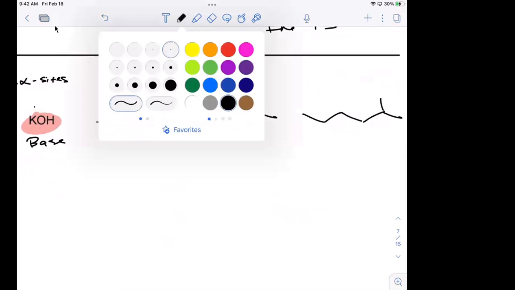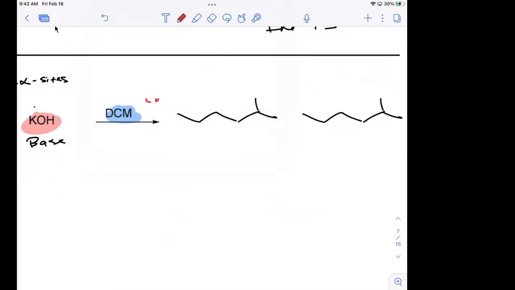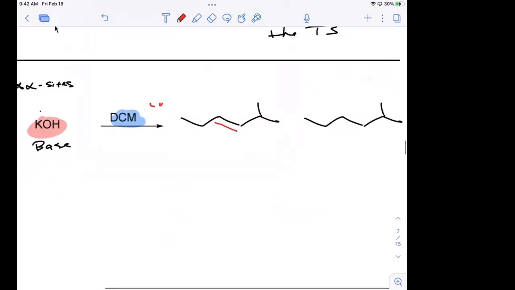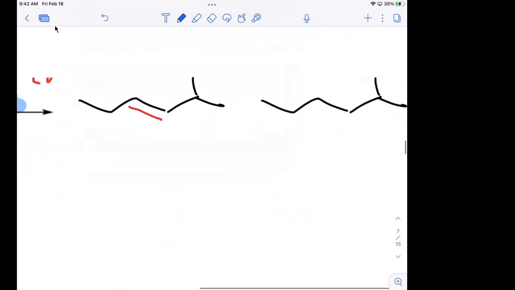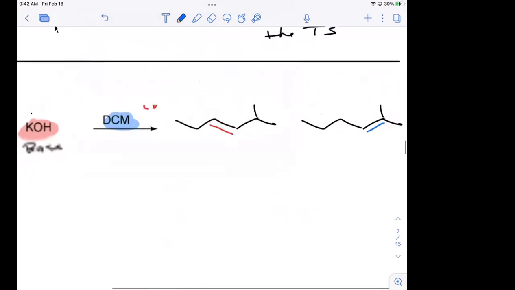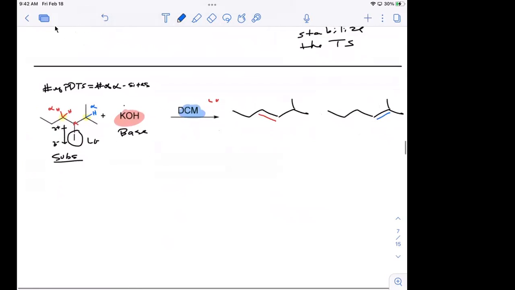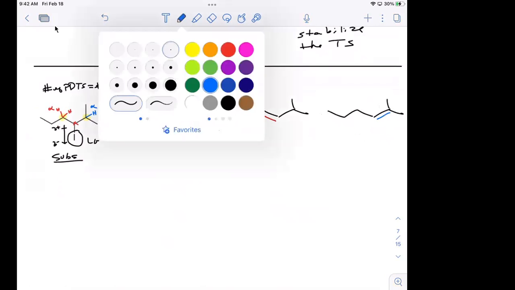I had that in red. And then the other product is going to be with the double bond here. Are y'all following that so far? Can you explain? Oh yeah, we're going to go through it.